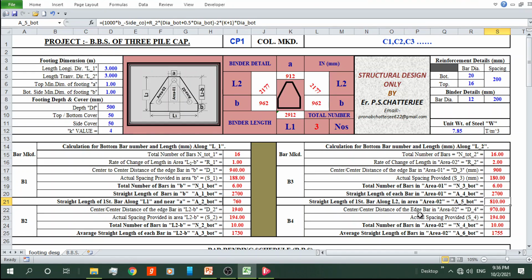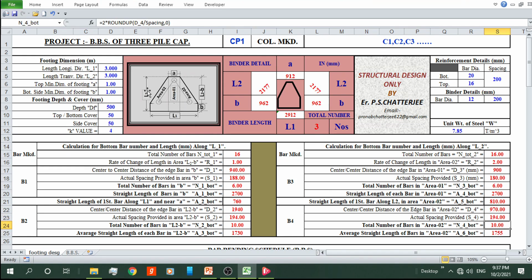Center to center distance of edge bar in area 2 is equal to this formula. Actual spacing provided is equal to D4, that means 970 mm, divided by 0.5 into N4 bottom. 10 number of bar is distributed in this area and this area, so for 5 number of bar we have to divide this length by 5.